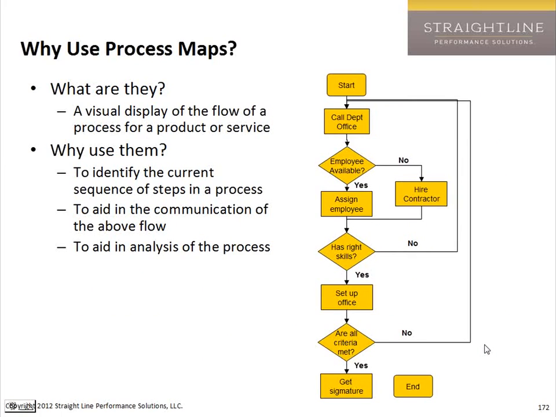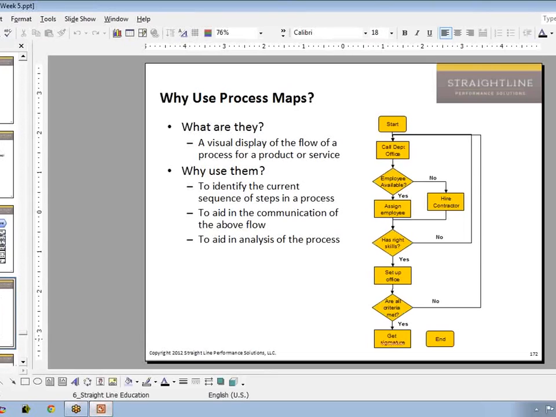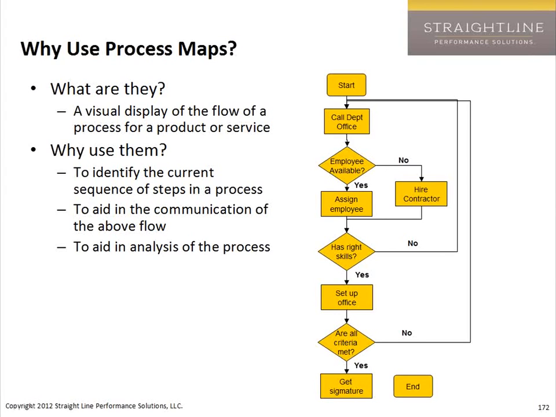So let's start off by talking about why we would use a process map. I think the answer should be fairly clear, and I talked about it a little already: a process map is a visual display.